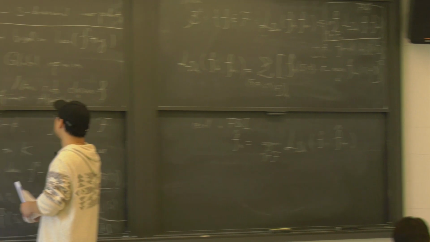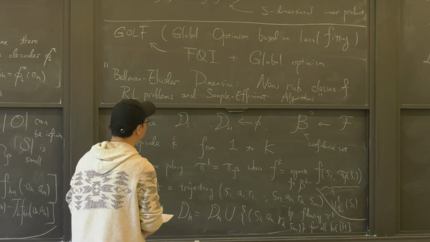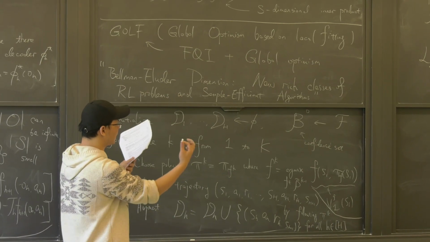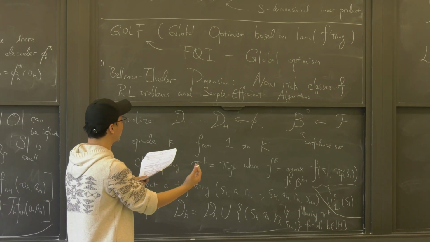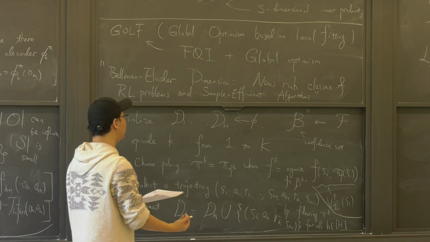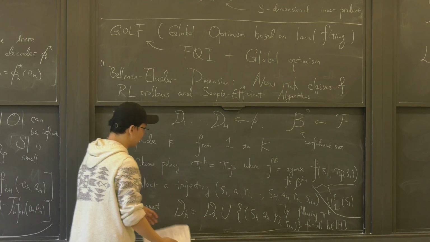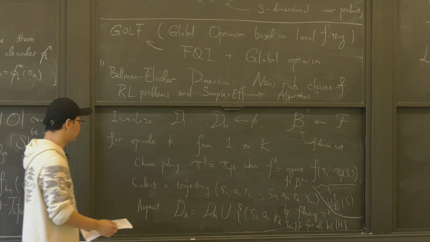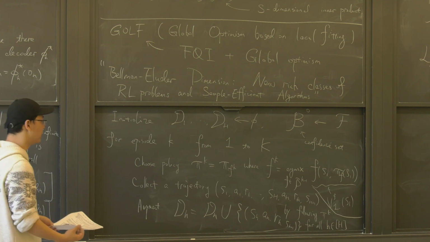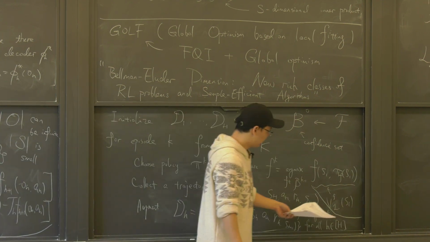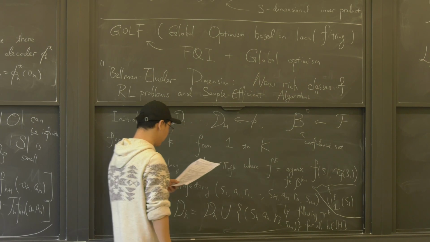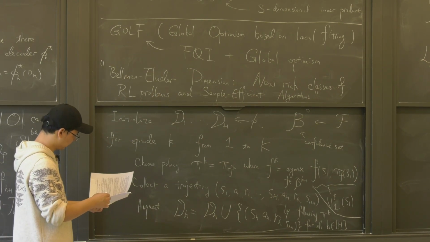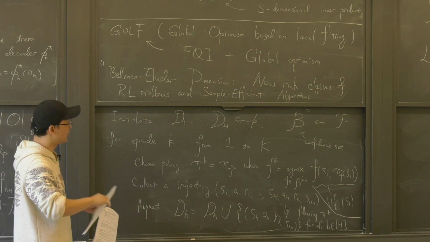So that's why you can think of this algorithm as a combination of FQI plus global optimism, because in the construction of the confidence set, its core is FQI. But we do some relaxation, and then we use the global optimism framework where we do the optimistic planning to look at the best value function that optimizes over the initial value within this confidence set. Okay, so this is the basic algorithm.